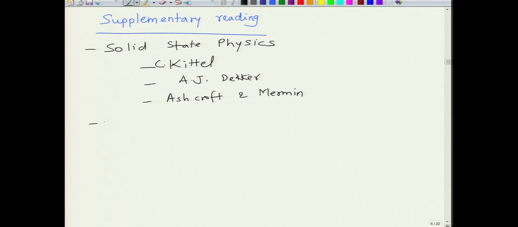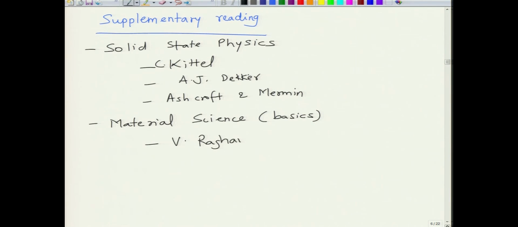And then if you are interested in material science basics, I would say the first thing would be to read the book by V. Raghavan, which is a very nice book giving you complete information to begin for the beginners about material science. Then we have W.D. Callister.